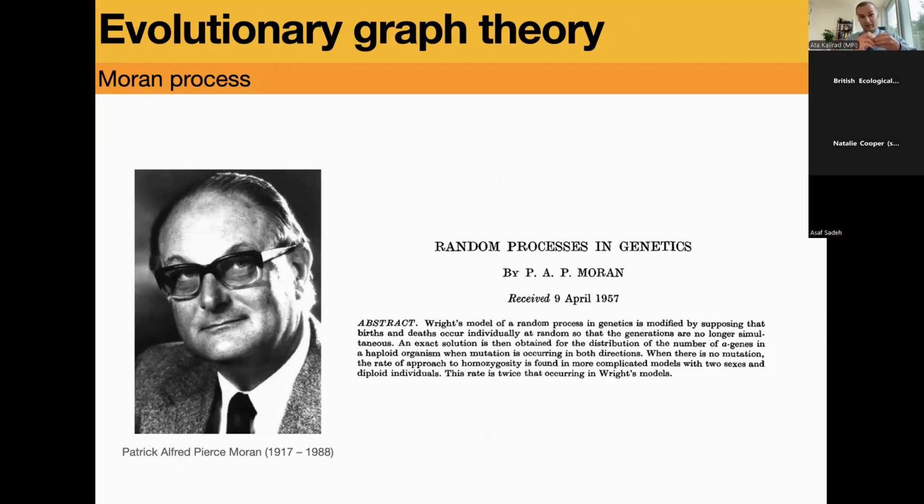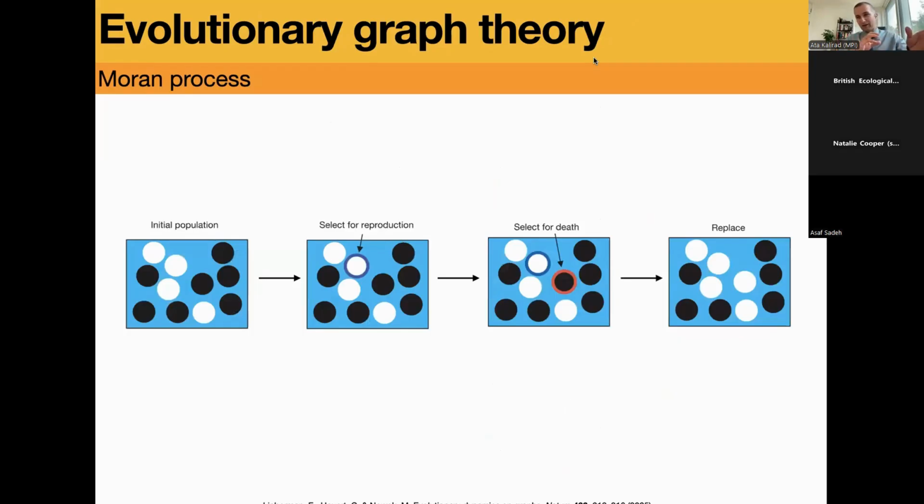So the famous Moran process simulates the population dynamics by coupling the reproduction and death processes in a way that you can have discrete events in the model, instead of the Wright-Fisher model where you have non-overlapping generations. In the Moran process, you have discrete reproduction and death events, and that naturally lends itself to being transposed into a graph.